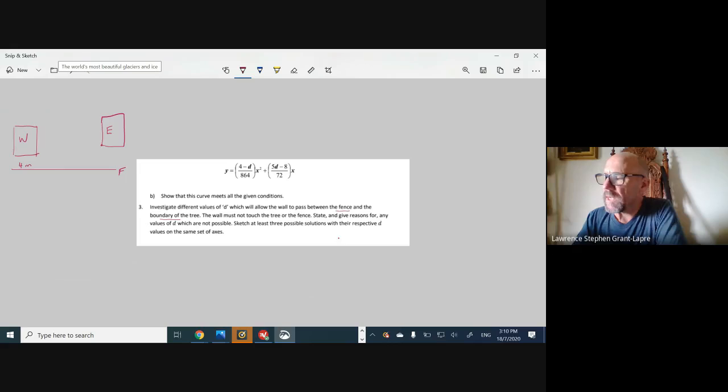That was 60, 10. There was a tree here at 24, 9, and it had a radius of 3. Now, there's the origin 0, 0.